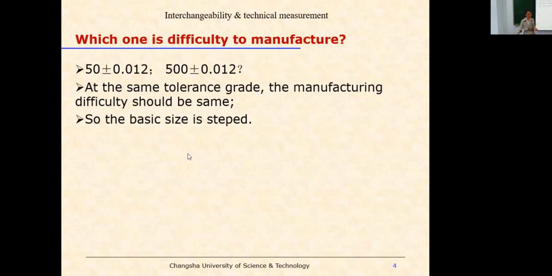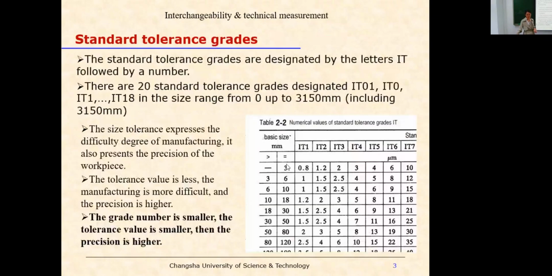At the same tolerance grade, the manufacturing difficulty should be the same, right? Going back to the table, the same grade, so the difficulty is the same.